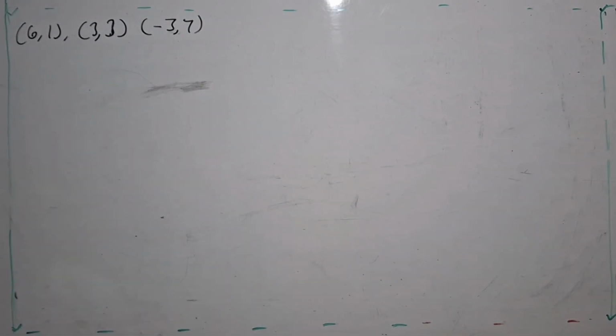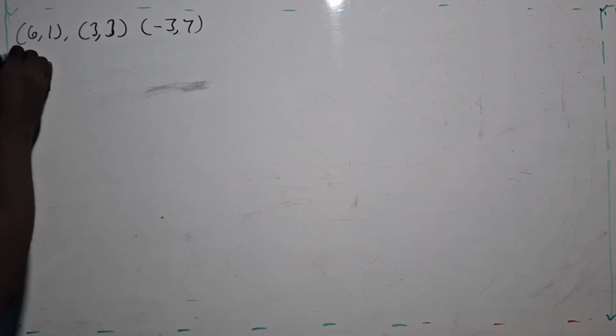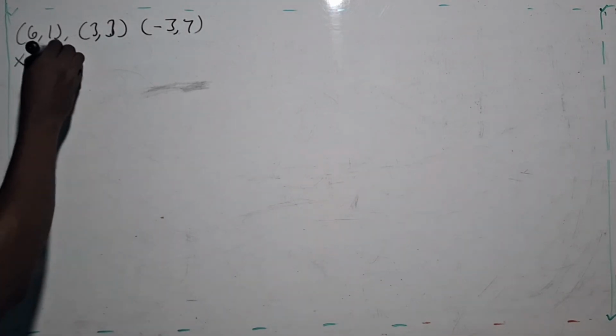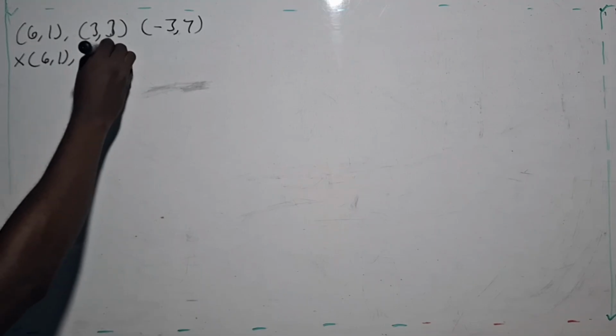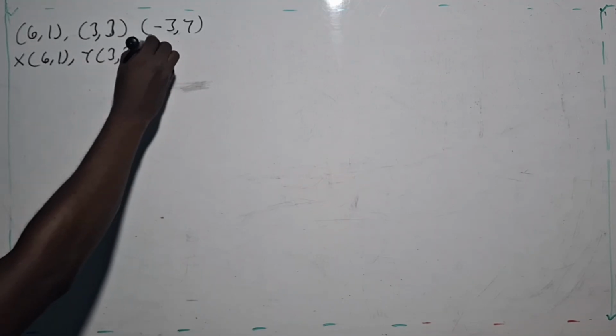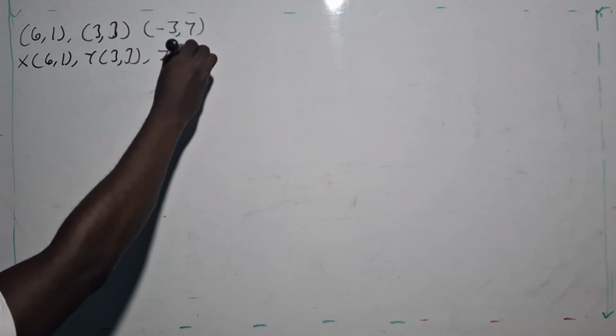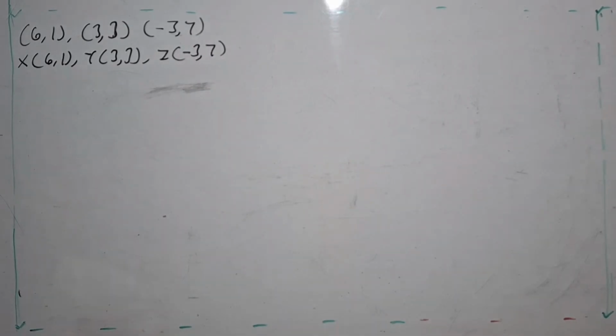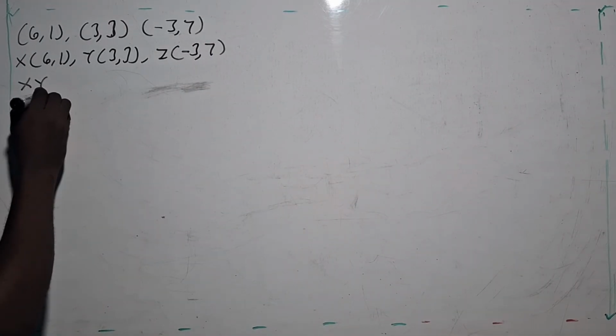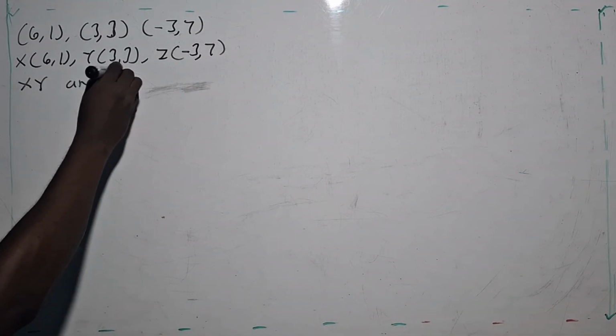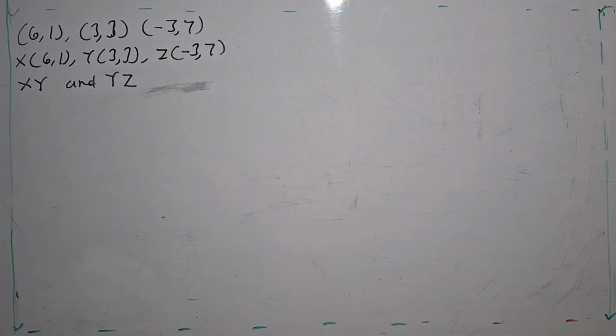We should show that these points are collinear. So I'll use letters for them. X is (6, 1), Y is (3, 3), and Z is (-3, 7). So I'll combine my XY and YZ.